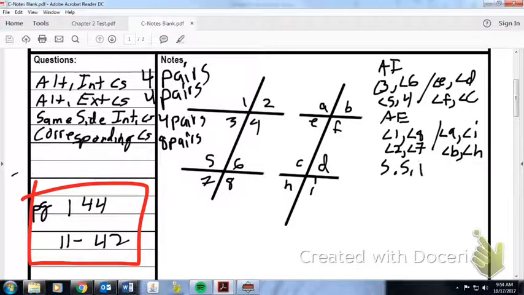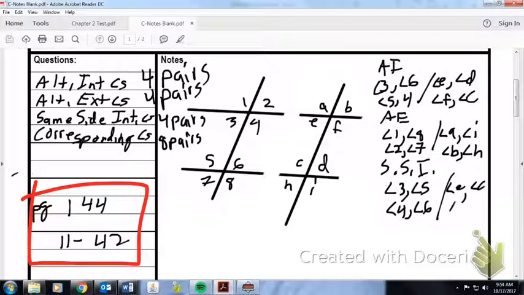Same side interior. Three, 5, 4, 6, E, C, and F, and D. Finally, corresponding. Now keep in mind we've got 8 of these.